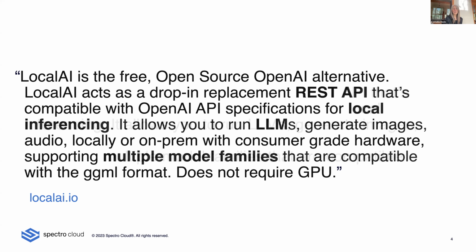So that's a mouthful, but I'm going to draw out a number of things that I've bolded here. These are the things that we're going to drill into about local AI and about AI in general. We'll talk a little bit about the REST API and how that's structured in local AI. We will talk about local inferencing.